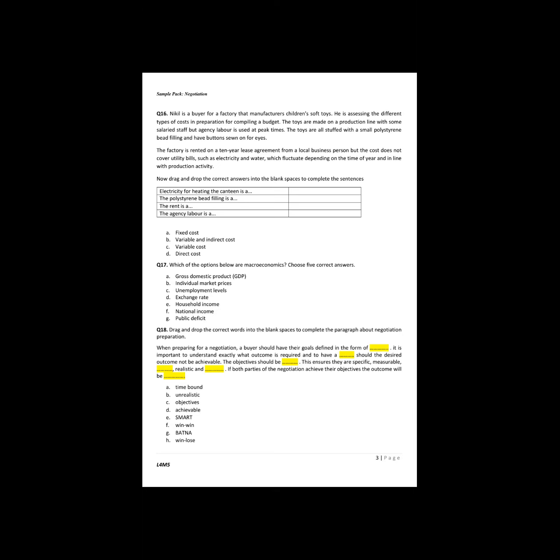And we are supposed to drag and drop them appropriately. So electricity for heating the canteen, where does it fall? Is it fixed cost, variable cost, direct cost?